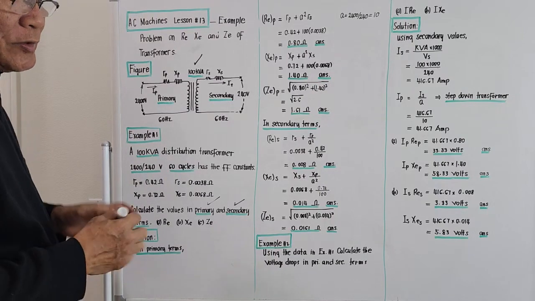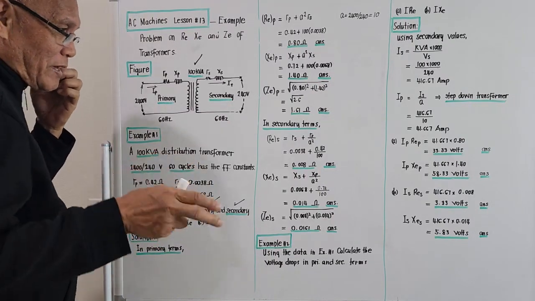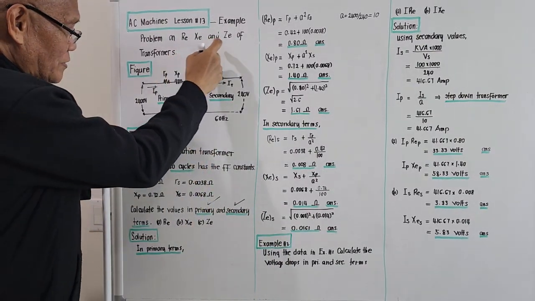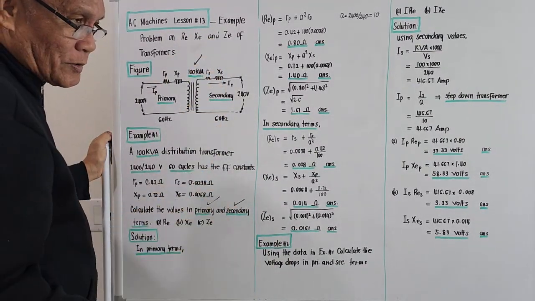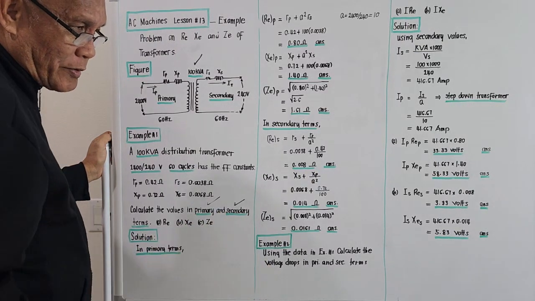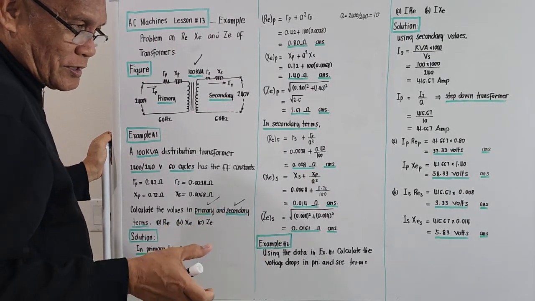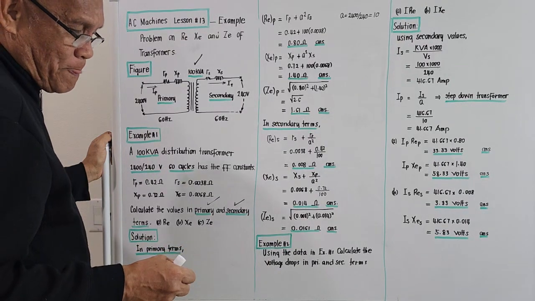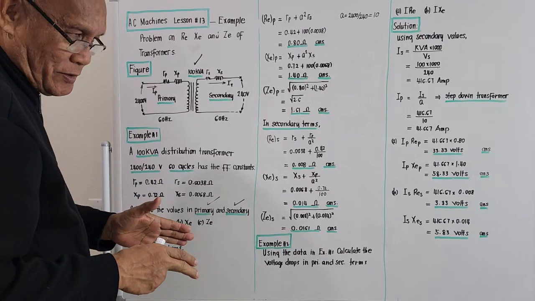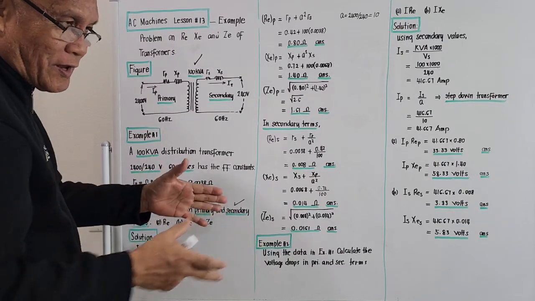I will try to annotate tonight the importance of the computation of RE, XE, and ZE. This is important in the computation of the so-called percent regulation of transformer. Percent regulation is actually a grading system for transformer, so we could say if the transformer is efficient enough.